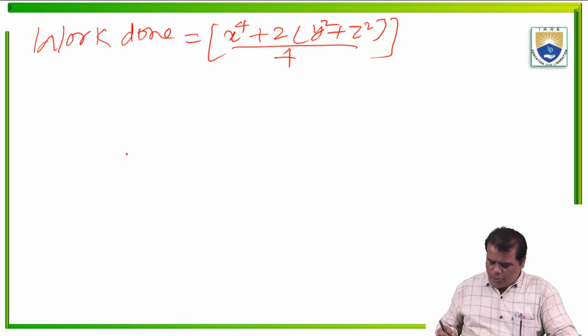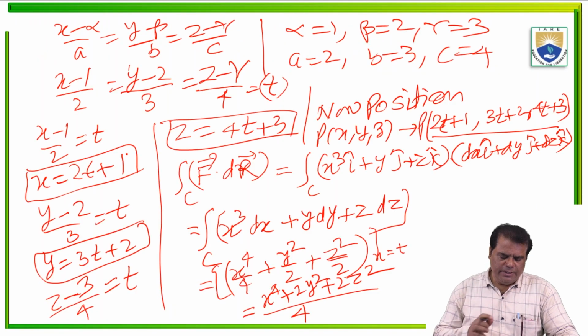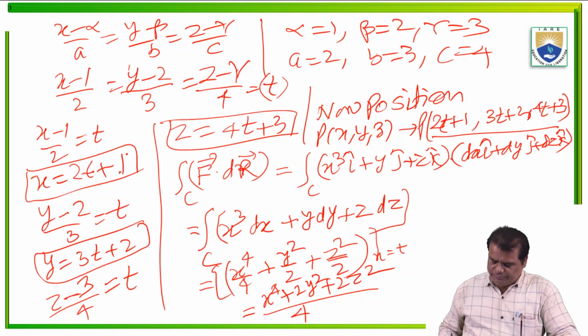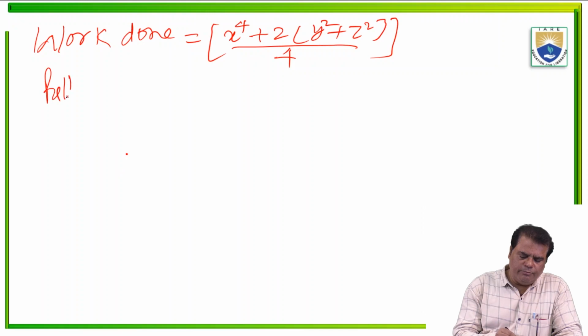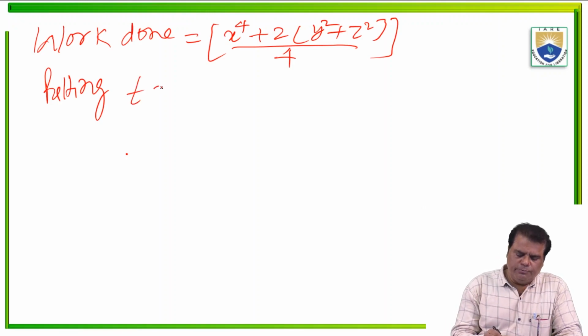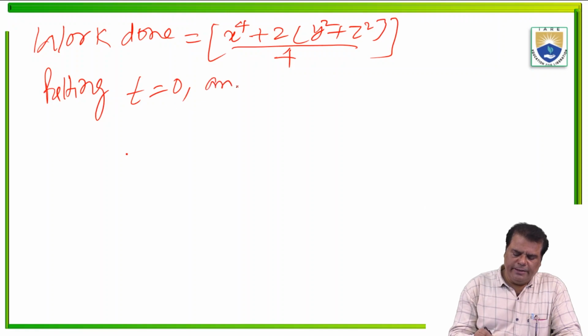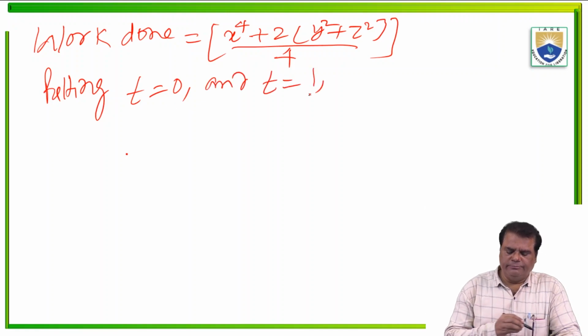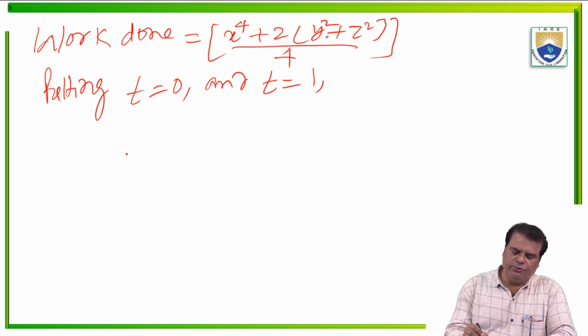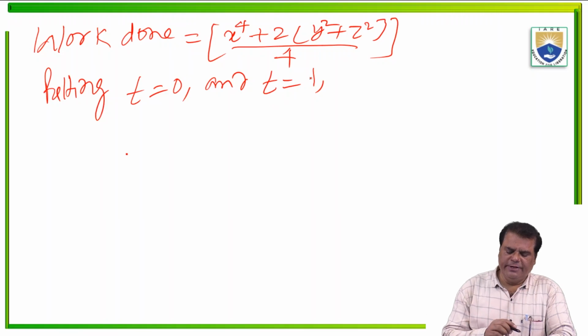Now t equal to 0 and t equal to 1. After putting the values of x, y and z in terms of t, we get the result from 0 to 1.